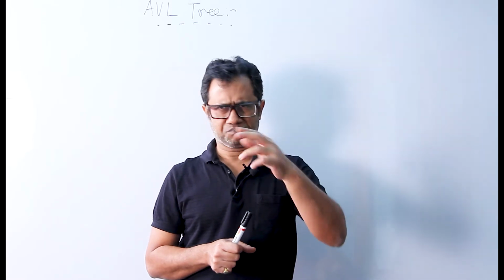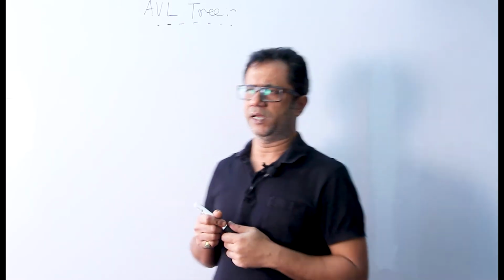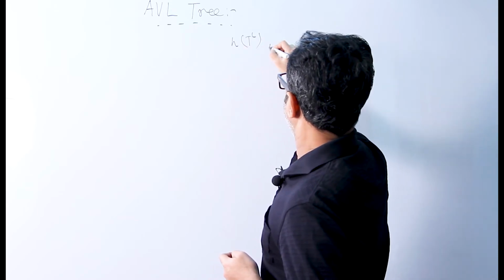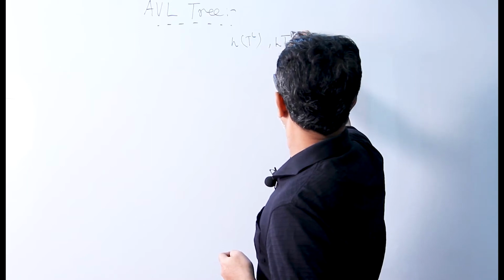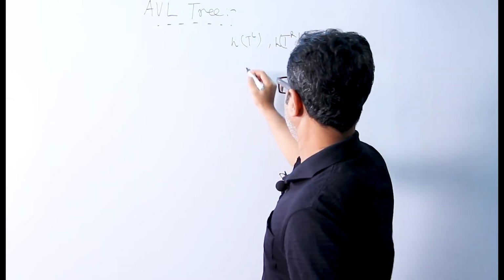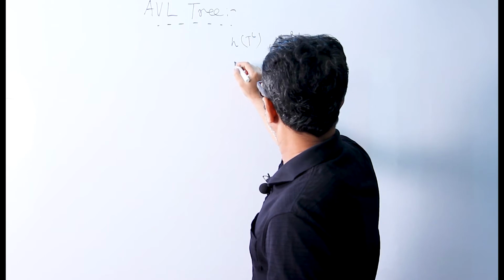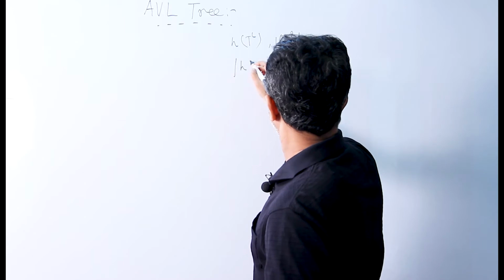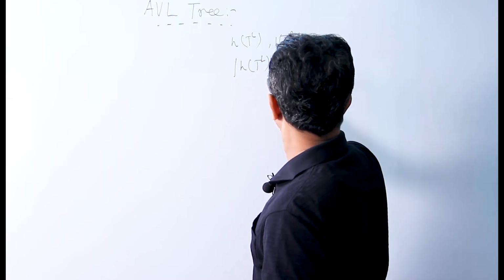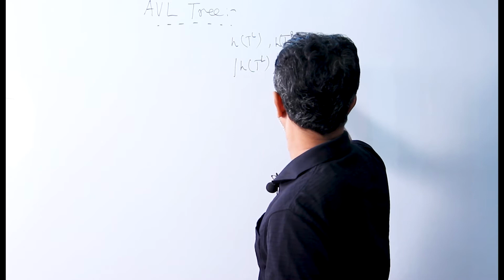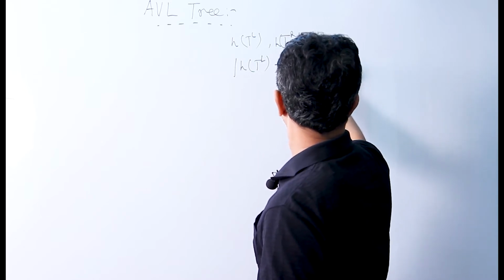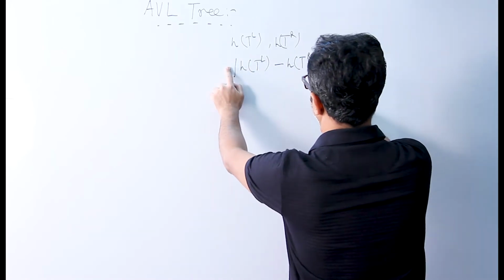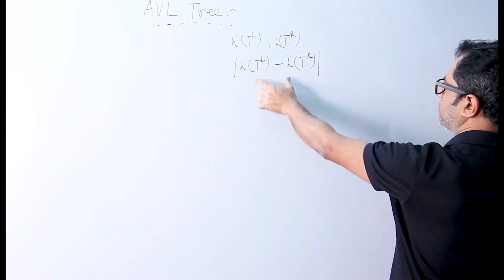Suppose I take HTL as the height of the left subtree and HTR as the height of the right subtree. I'm trying to explain this in a mathematical formulation: the height of TL minus the height of TR, placed between a pair of pipes, which means a modulus operation.